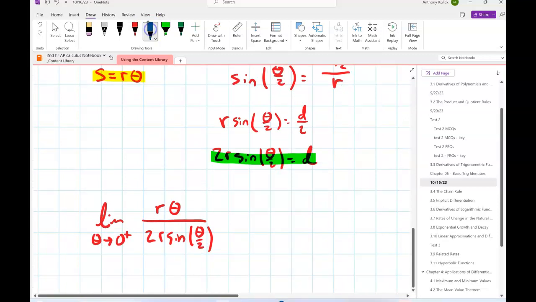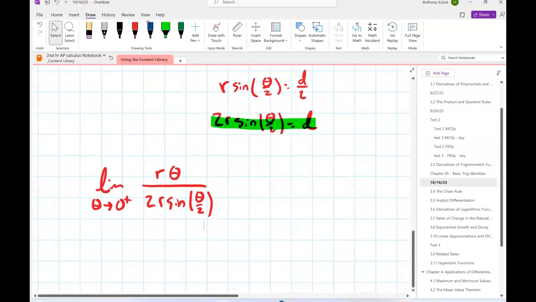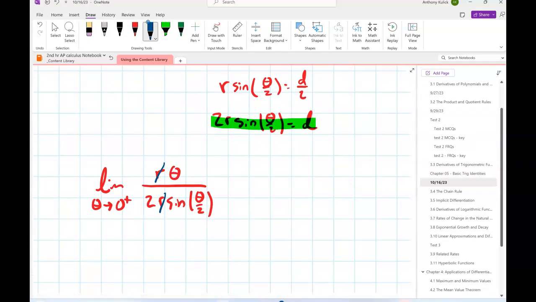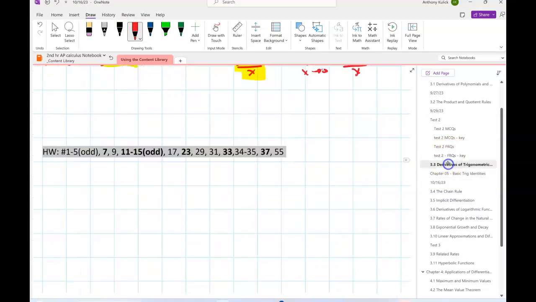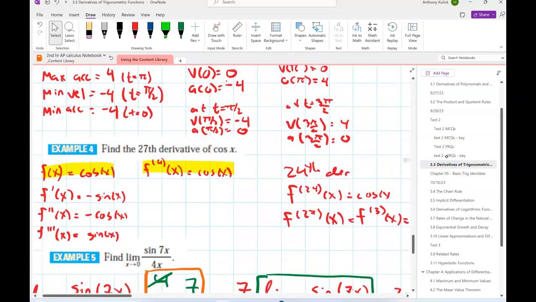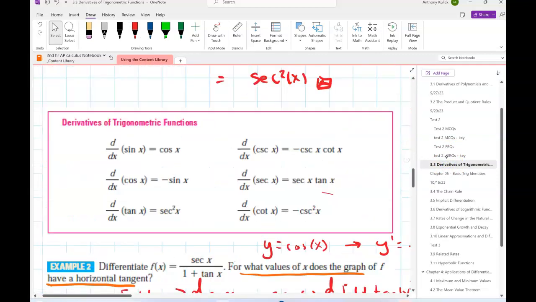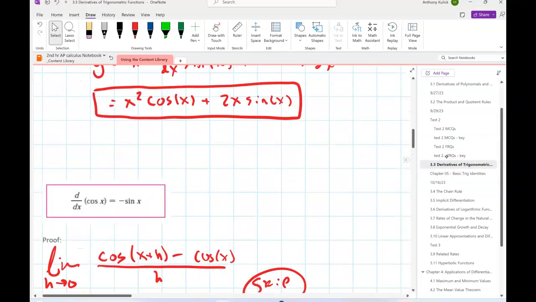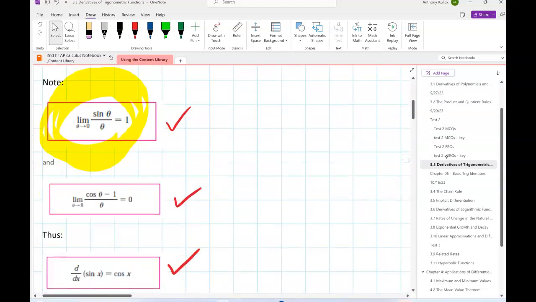So what do you notice straight away? The r's can cancel, right? Let's get rid of that. And what I'm going to be looking for, once I've made these substitutions, is if I go back and look at 3, I want this guy right here.